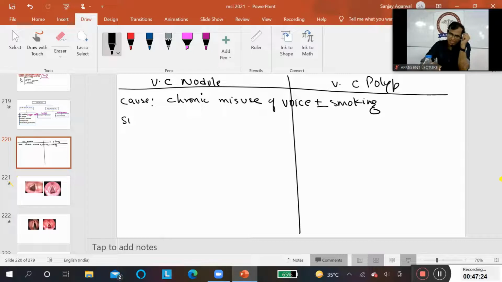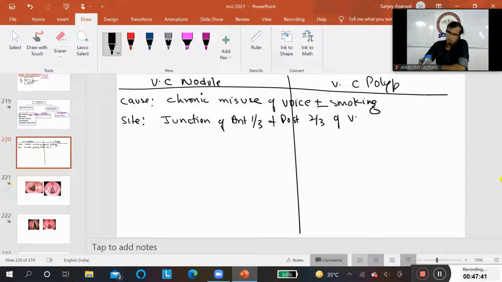And the site is the same. What is the site? It is seen at the junction of anterior 1/3 and posterior 2/3 of the vocal cord.